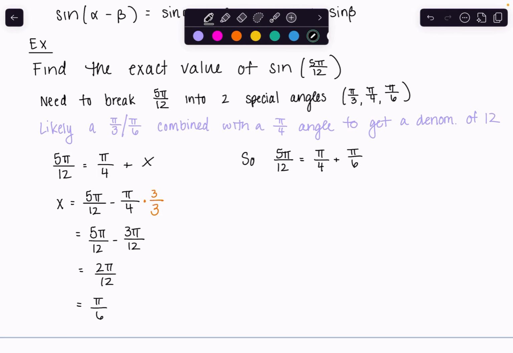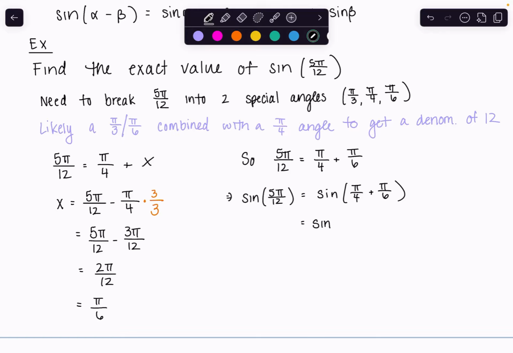Okay. But now that I know how to break down 5 pi over 12, when I want to evaluate sine of this, the inside is exactly the same as pi over 4 plus pi over 6. Okay. Then I'm going to use my sum identity.